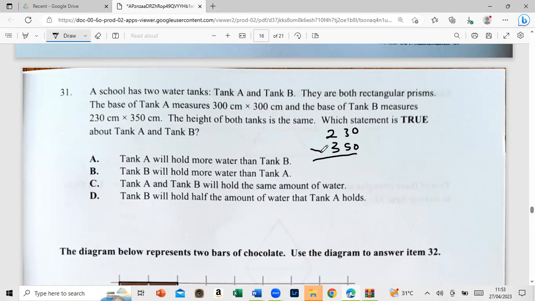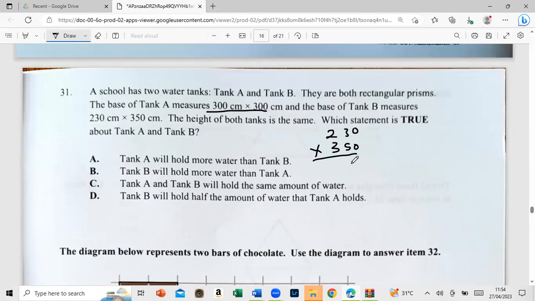One way we could do it is to add these numbers. This would give us a smaller value. This adds up to 600 and this adds up to 580, so this would have a greater value. So 9 times 3 is 9, and then we add the zeros, 4 zeros, so that's 90,000.